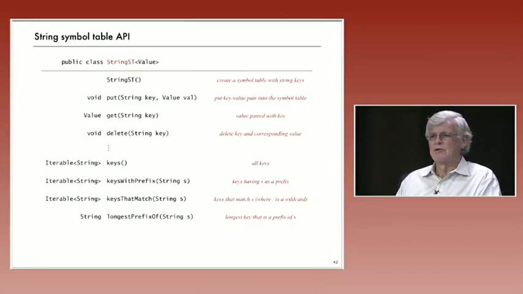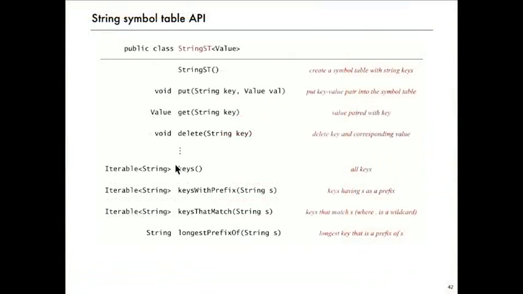Well, there's keys that returns all keys, and as is our usual practice, when we have a lot of things to return, we're going to return them as an iterable, so the clients can just iterate through what's returned. That's usually what clients want to do.